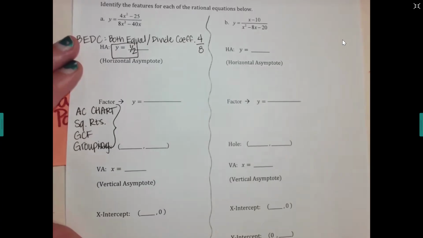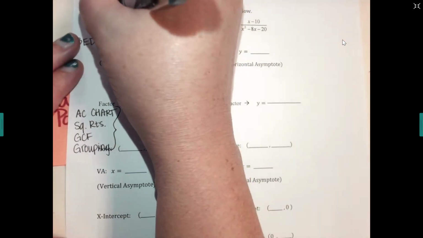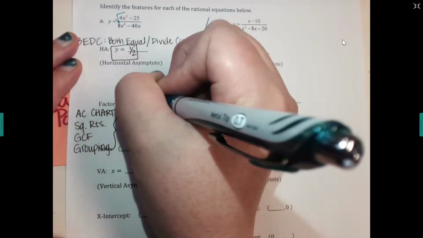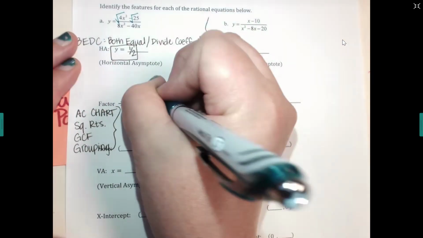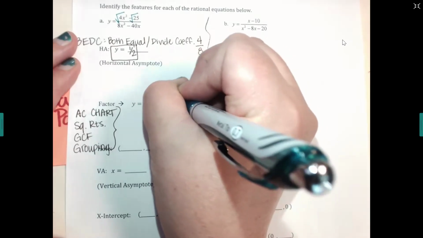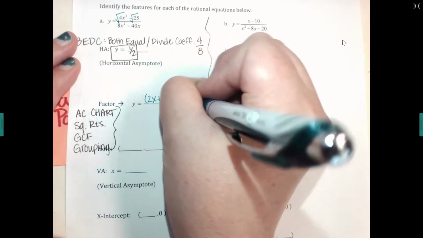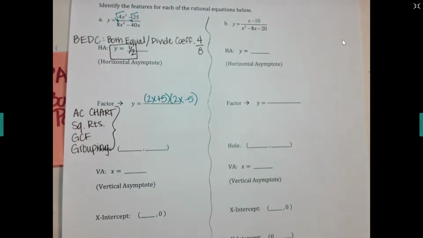How will I break down the top of this? Square roots, very good. What is the square root of 4x squared? 2x. What's the square root of 25? And then remember, it's a +5 and a -5. On the bottom, I have an 8x squared minus 40x.